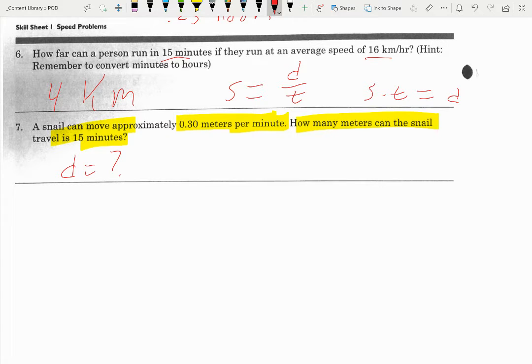So again, we're going to use the same setup. Speed multiplied by time is equal to distance. So if we put in 0.3 meters per minute, and the time is 15 minutes.